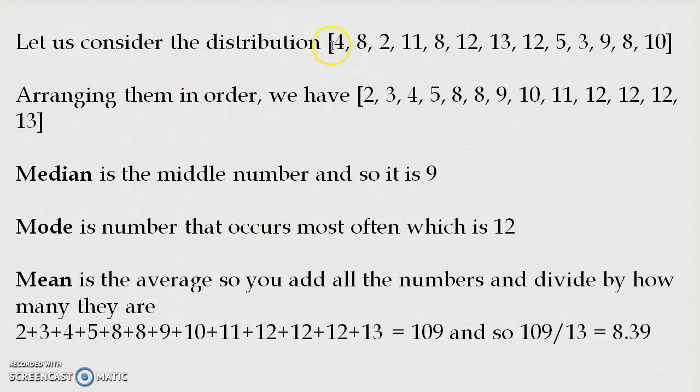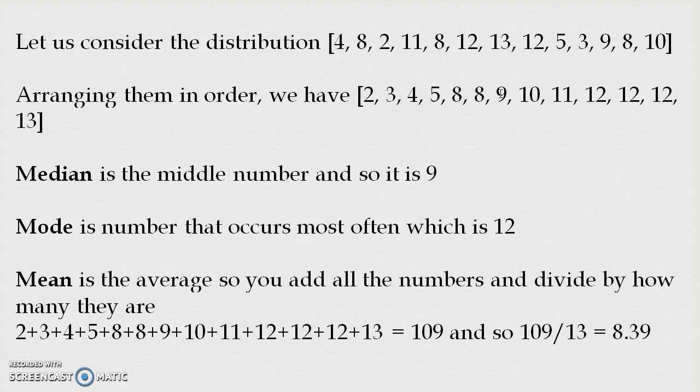So when you're considering, let's say this is my distribution, and I arrange them in order. Median is the middle number. So 9 is my middle number. Suppose this was a test that I gave to my class, and I want to see what the median in the class was, and the median was 9.